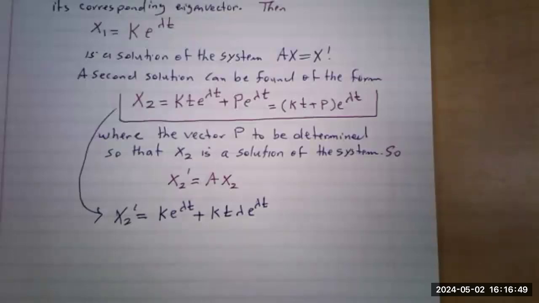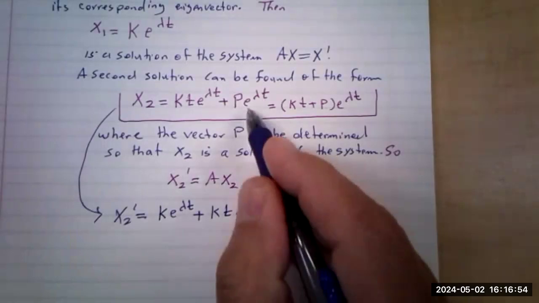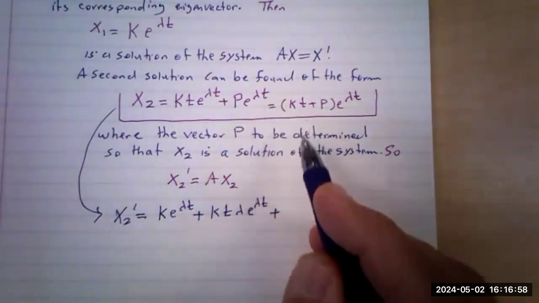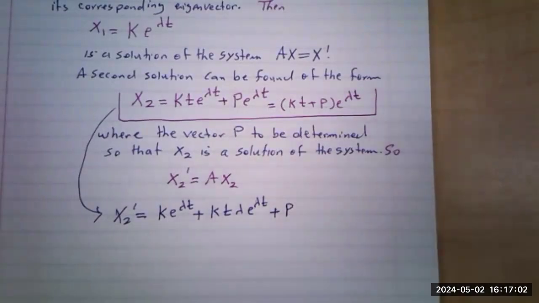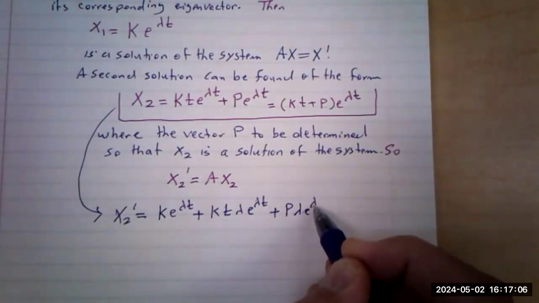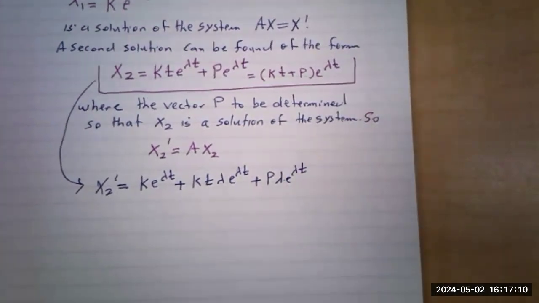We continue plus the derivative of the second one. The second one, p, is a constant, and the derivative of e to the lambda t gives p lambda e to the lambda t. That would be your x2 prime.